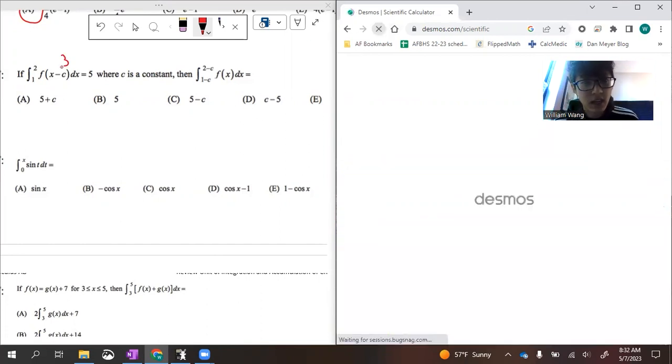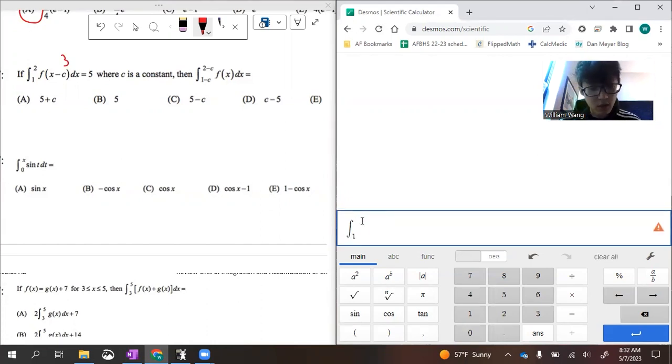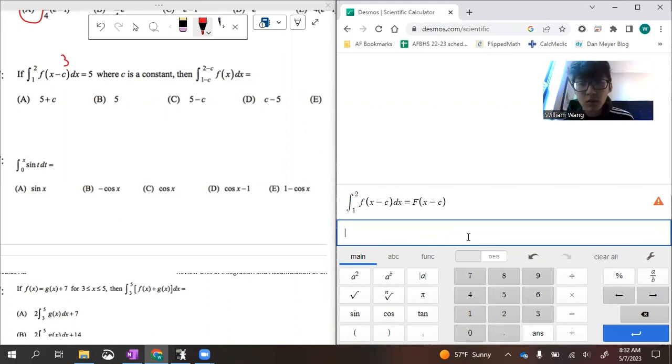So essentially, my integral of f of x minus c, if I use capital F as my antiderivative, is simply going to be capital F of x minus c. I could do a u sub, but it wouldn't change anything because the derivative of x minus c is just 1. Cool, so that's my integral.